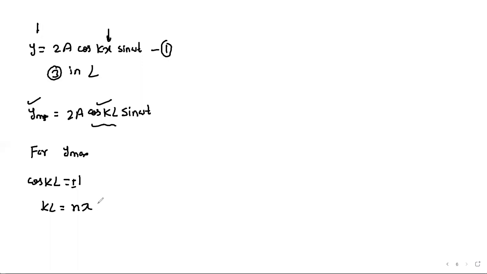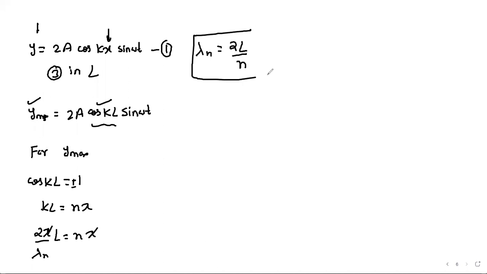This we have also discussed in beats yesterday. So I can write k as 2 pi by lambda n into L is equal to n pi. Pi gets cancelled out with this pi and you will get lambda n as 2L by n. So this is the relation between wavelength and length of string L.